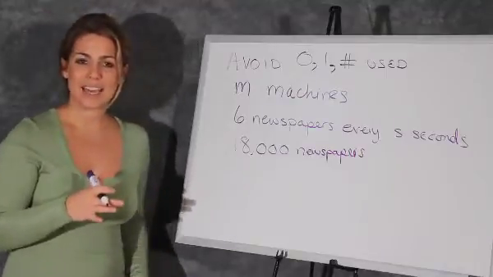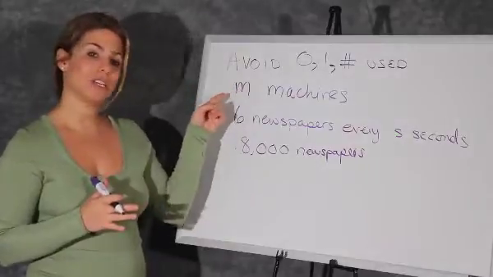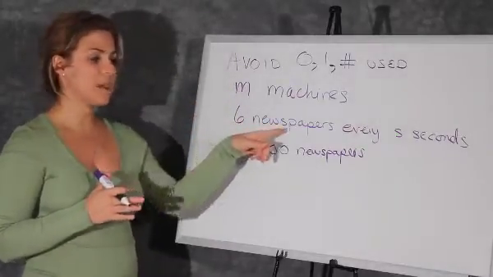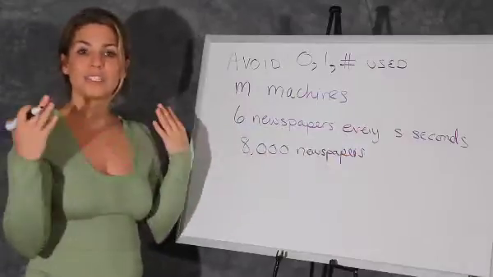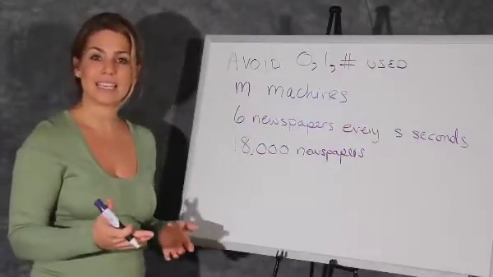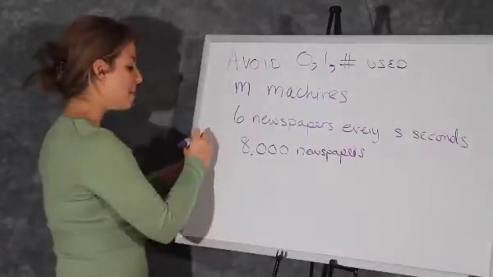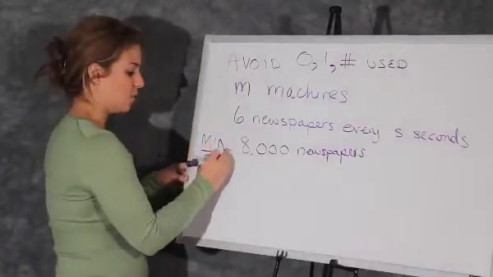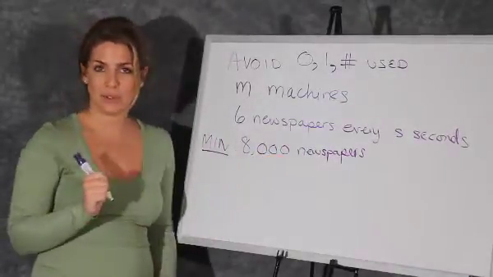So this question says, at a certain plant, each of M machines prints 6 newspapers every S seconds. If all the machines operate simultaneously without interruption, the question is asking us how many minutes will it take to print an entire run of 18,000 newspapers.